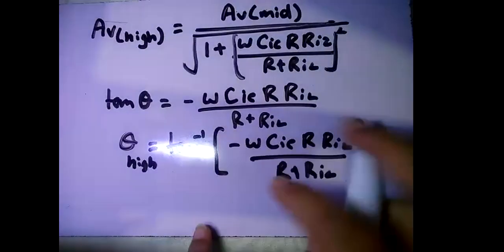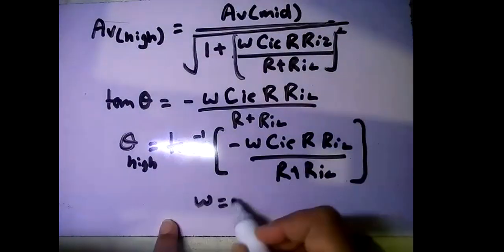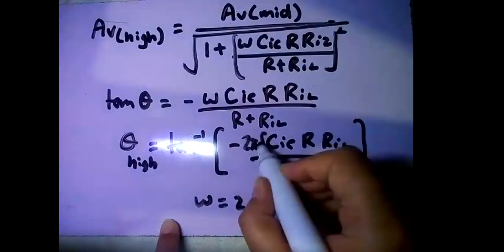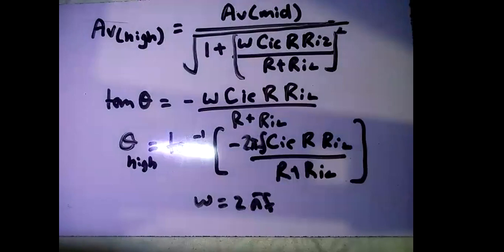How can you put the values of different frequency? As you know, omega is equal to 2 pi f. You can replace it with 2 pi f. Now putting different values of frequency, you can determine different values, each with the corresponding value of the phase angle. And by that you can determine the total phase angle change. So this was the frequency response of the RC amplifier, which is based on a common emitter transistor.